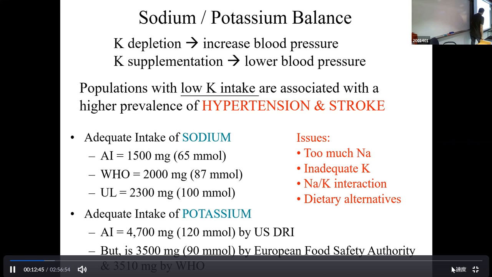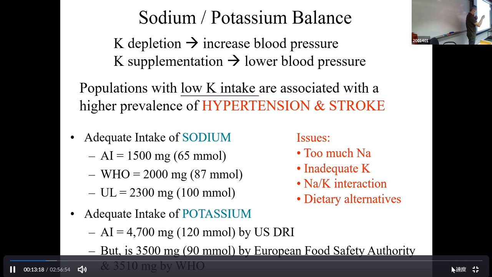And then potassium, okay? You can see that the AI or adequate intake, at least with respect to the US DRI, is 4.7 grams. But you can see here that the WHO as well as the European authorities are in fact putting it at a lower level, okay?